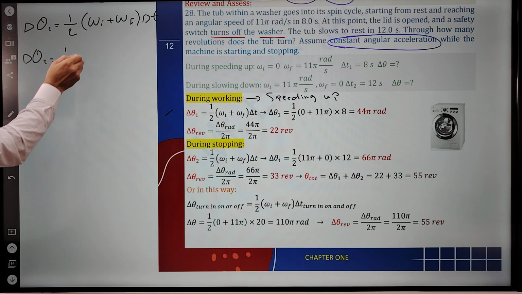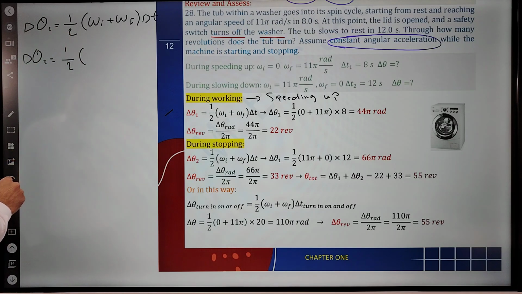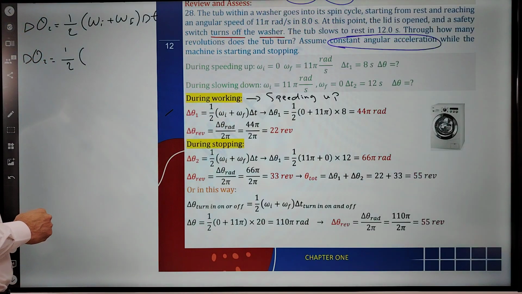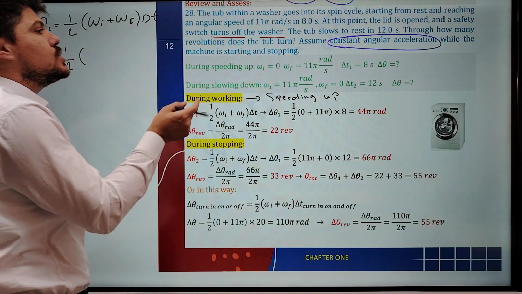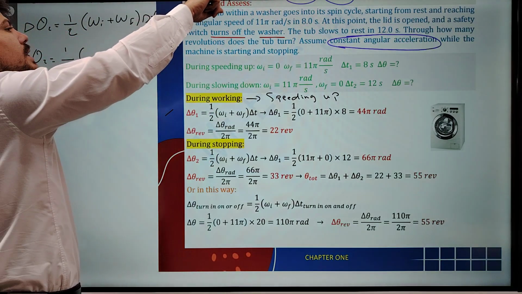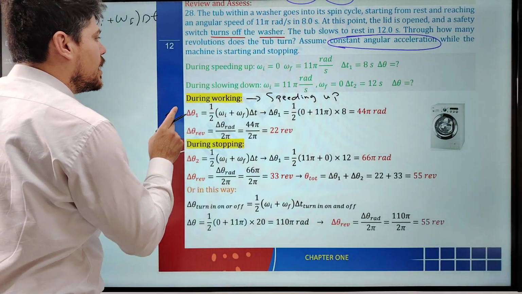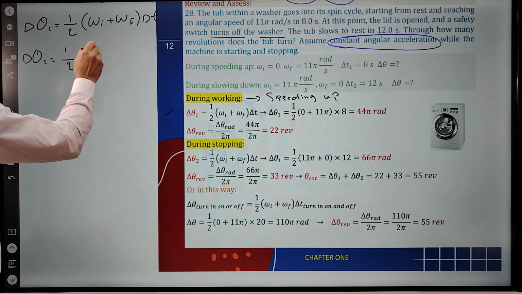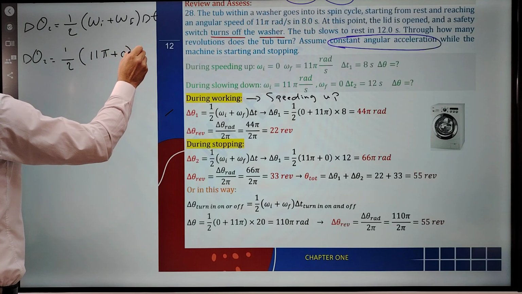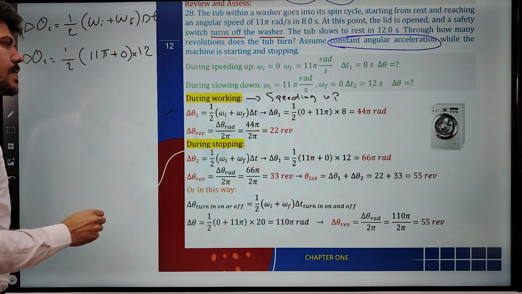Omega initial was not given in this question directly, but indirectly it was given. Omega initial in the case of slowing down has the same value as omega initial in the case of speeding up. So that is why omega initial is equal to 11 pi, plus 0, times 12 seconds.